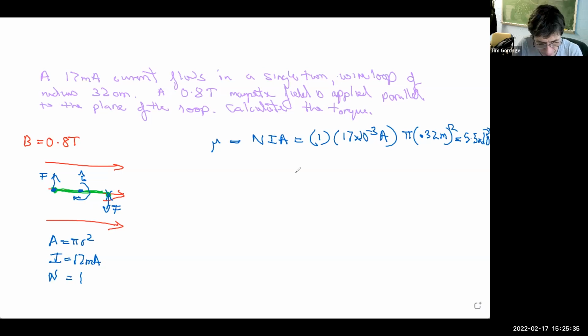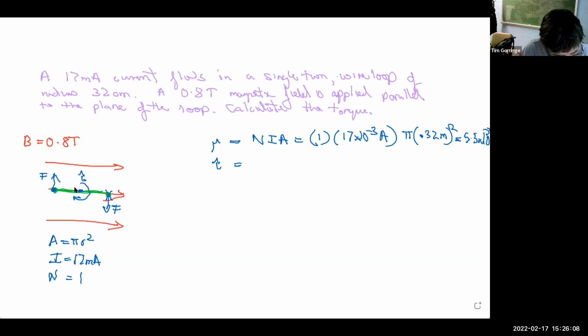Now let's calculate the torque on the loop. The torque depends on the size of the magnetic moment, the size of the magnetic field, and the orientation between those two vectors. So let me go back to the diagram and make sure we understand that orientation.